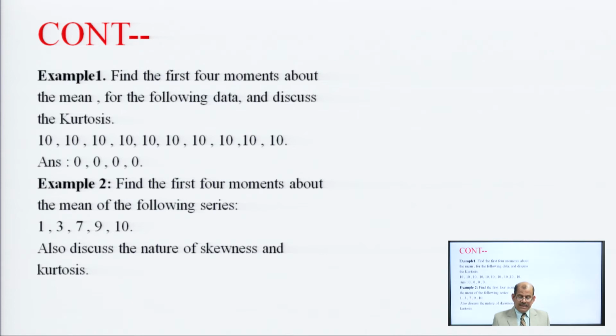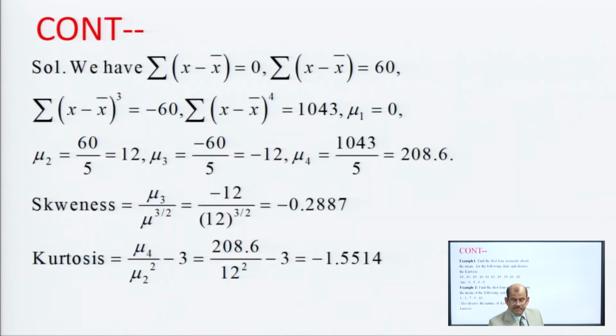Second example. Find the first 4 moments about the mean of the following series 1, 3, 5, 1, 3, 7, 9, 10. Also discuss the nature of skewness and kurtosis. Solution. We have summation of x minus x bar is always 0.